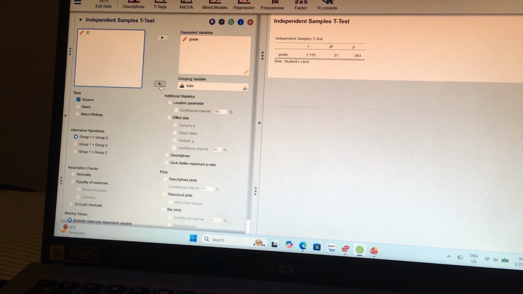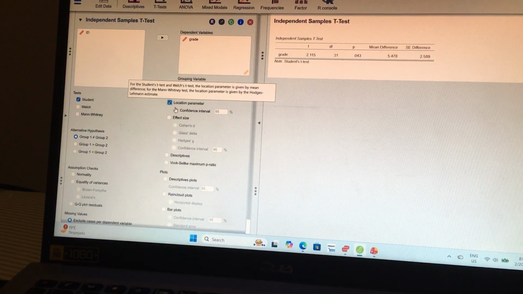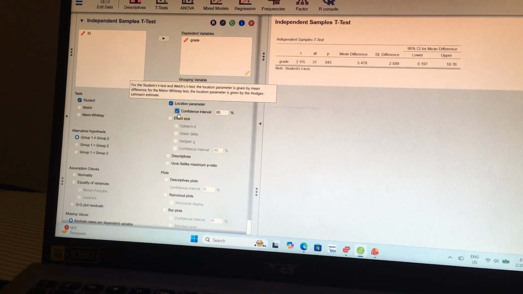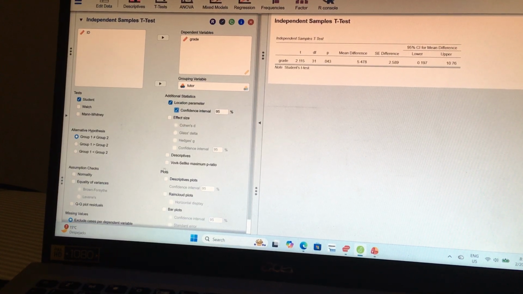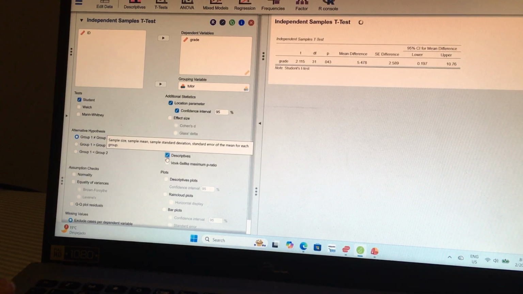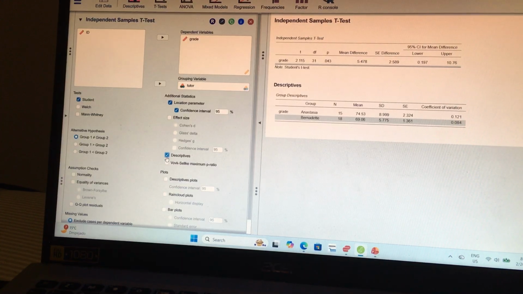And then you have the option to calculate the confidence interval. So you can just click the location parameter, 95% confidence, like we did yesterday. And we can also check the descriptives box, which will give us our descriptive statistics and our means and our standard deviation.